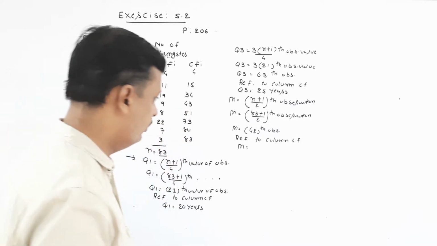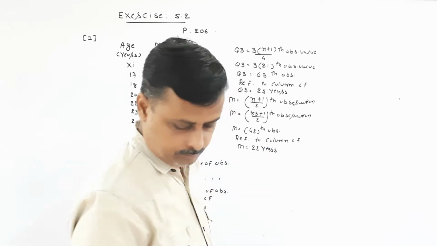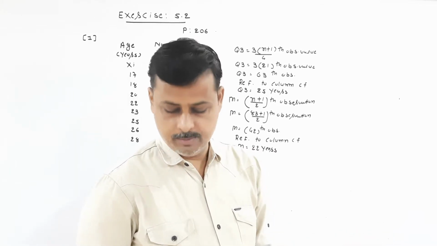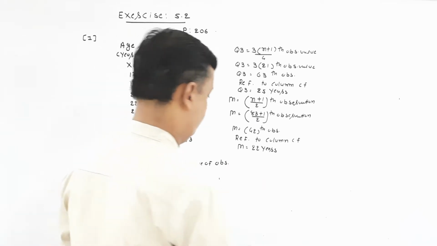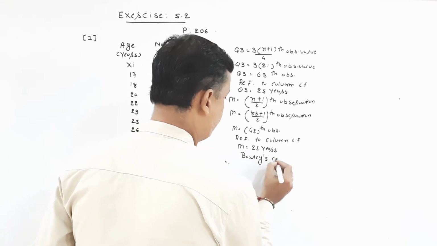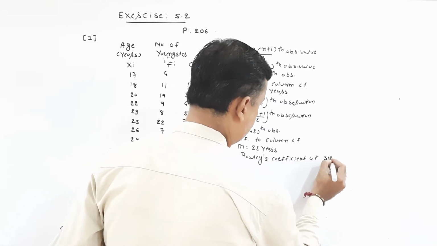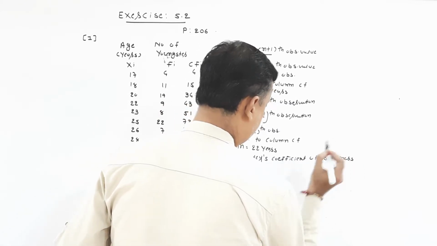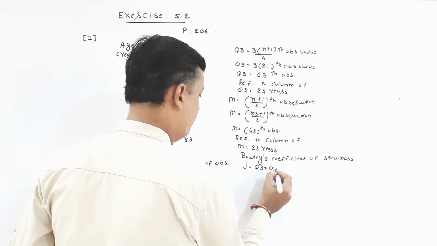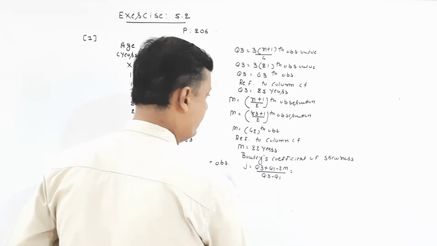So 22. Now we apply the coefficient of skewness by Bowley's method. Bowley's coefficient of skewness is equal to Q3 plus Q1 minus 2 median, upon Q3 minus Q1.